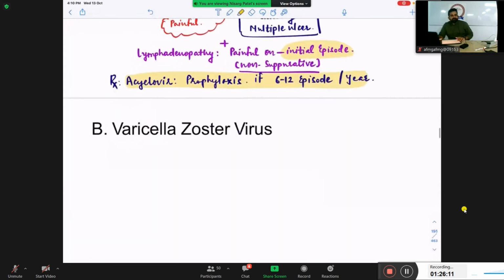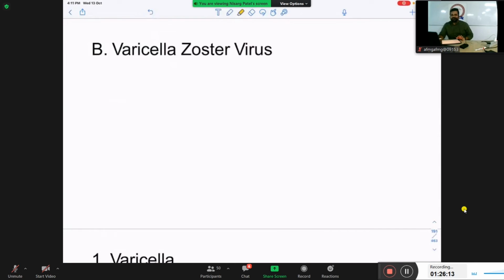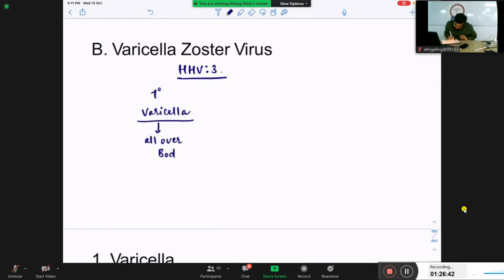Then comes human herpes virus type 3, which is varicella zoster virus. It is human herpes virus type 3. Primary infection is varicella, all over the body.